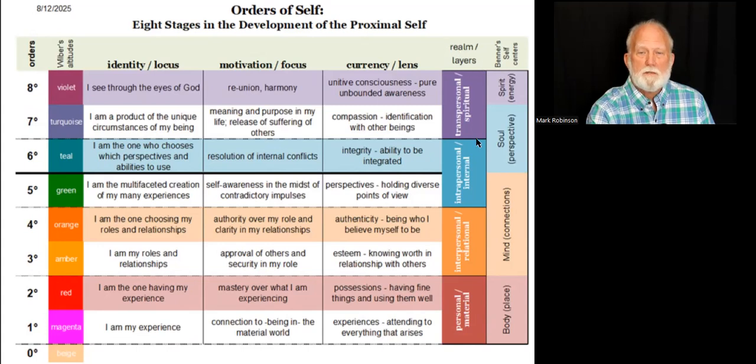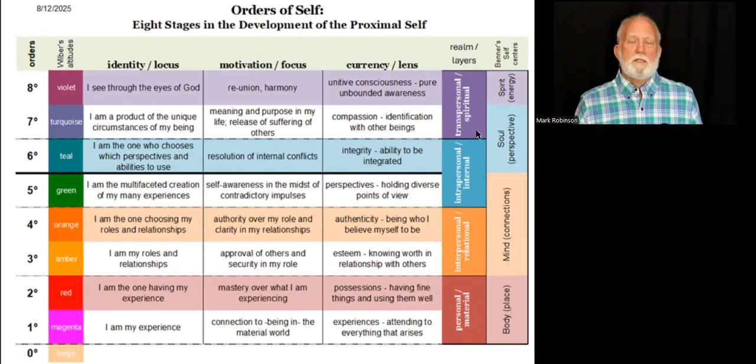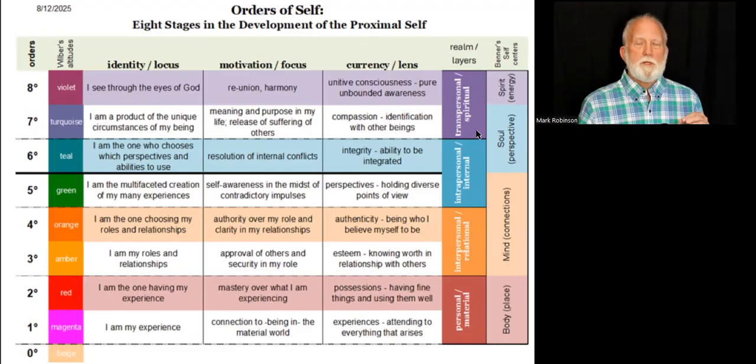There are lots of different ways we can talk about these. But the personal or material domain, the interpersonal relational domain, the intrapersonal internal domain, what's happening inside of me, and the transpersonal spiritual domain.